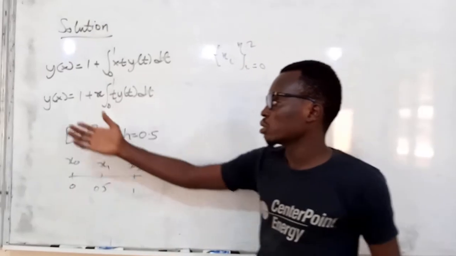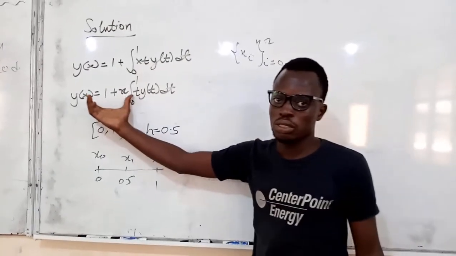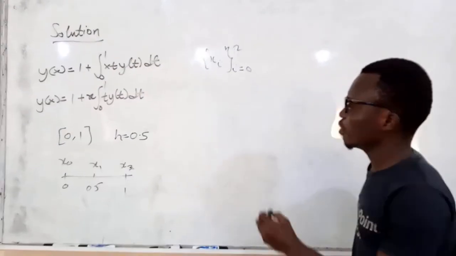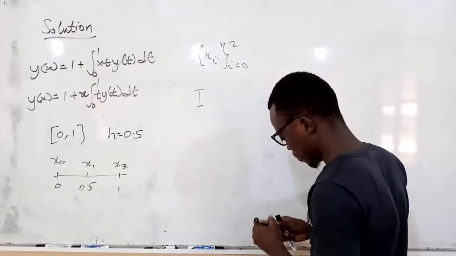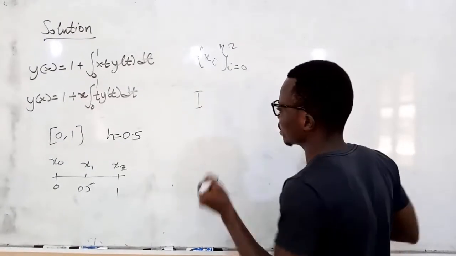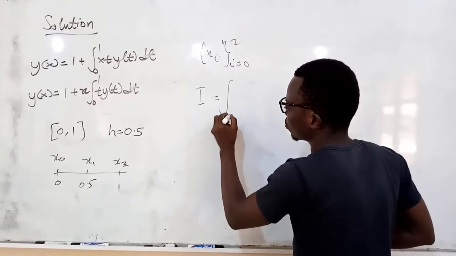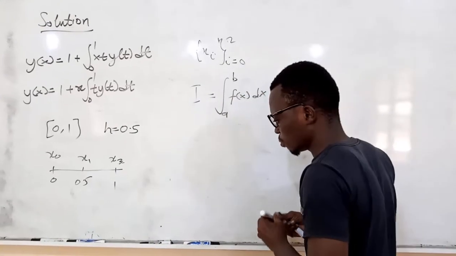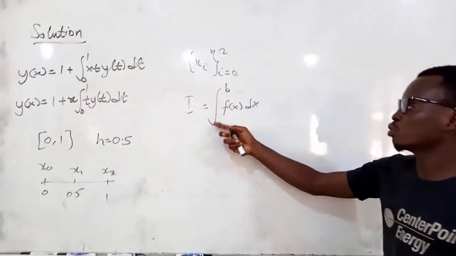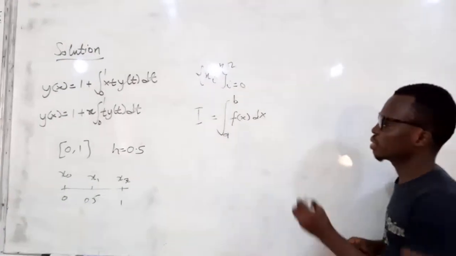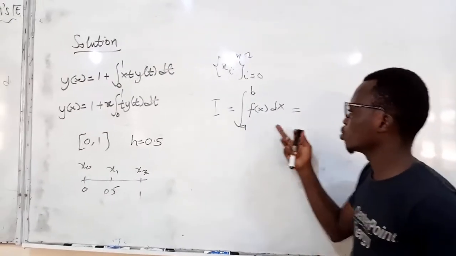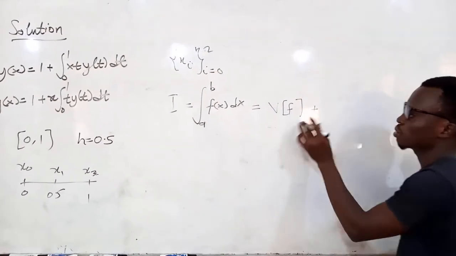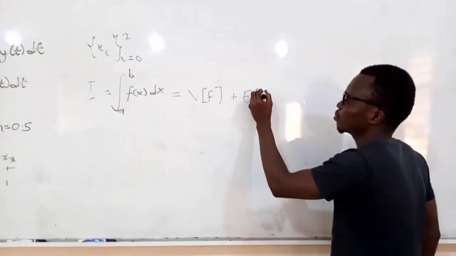Now let's apply numerical quadrature on this Fredholm's integral equation. In our previous video, we noticed that if you are given an integral, let's say I equal to the integral from a to b of f of s ds, we said by numerical integration it is equal to a certain V of f plus E of f.